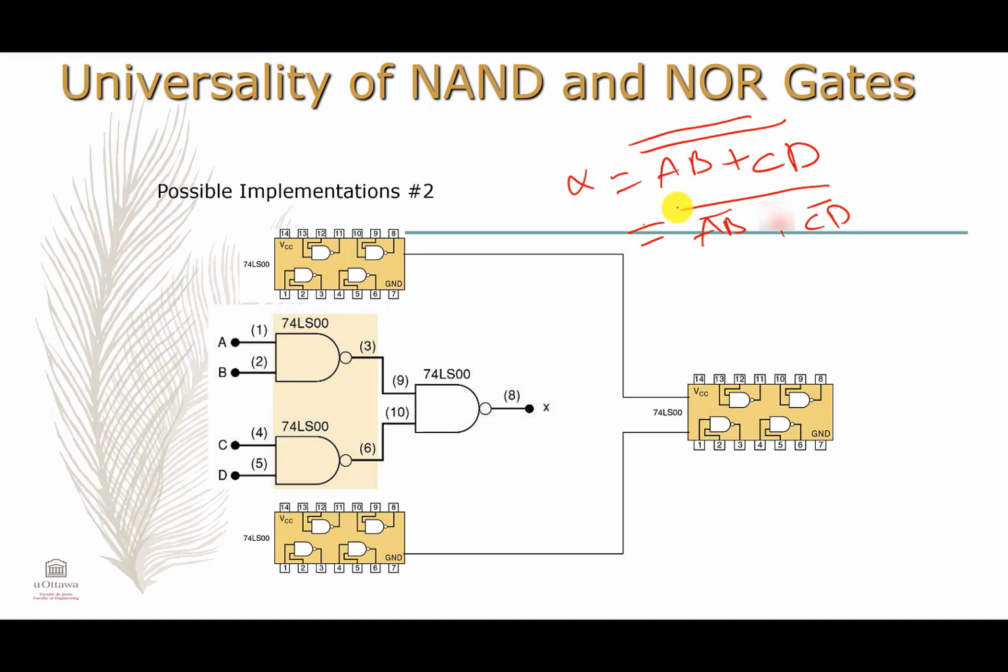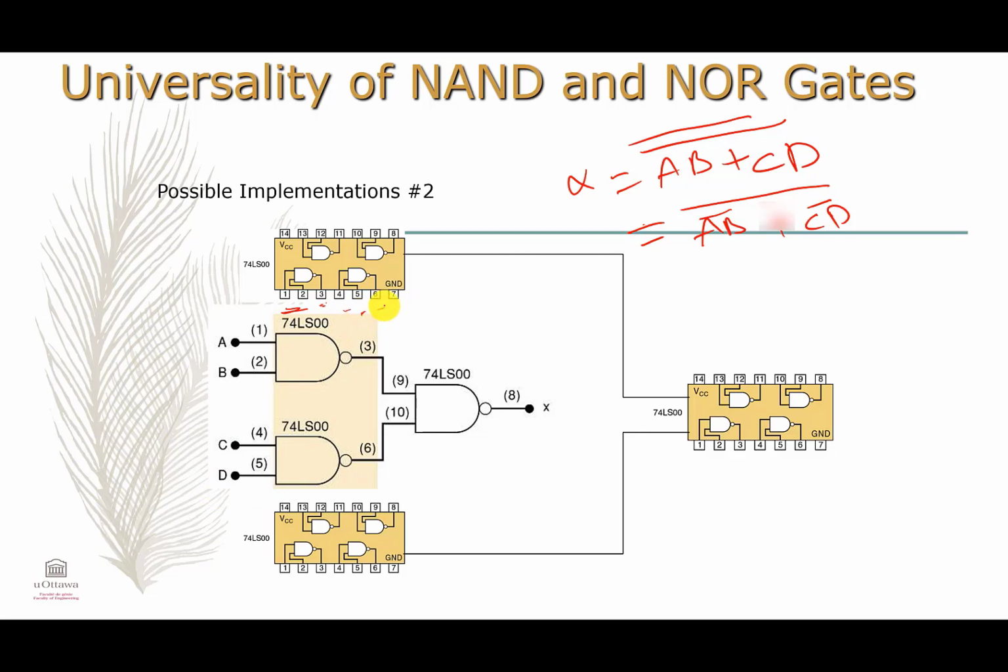Why? Because we will not need to use the other two types of ICs. On the same chip, we can connect A and B at 1 and 2, and the output will be at 3. And we can connect C and D on 4 and 5, and the output will be on 6.